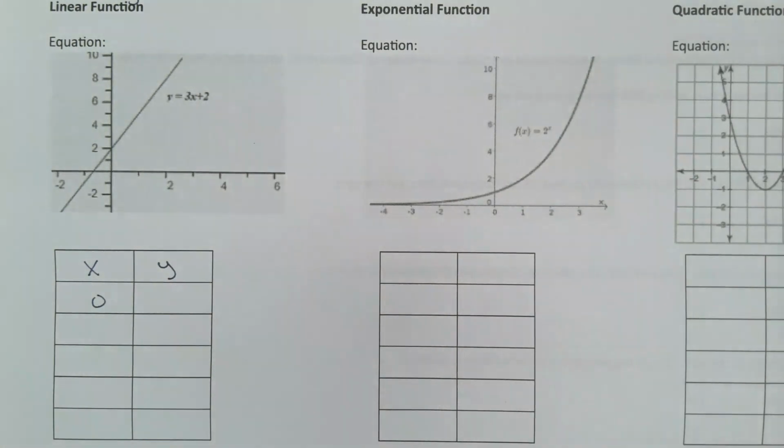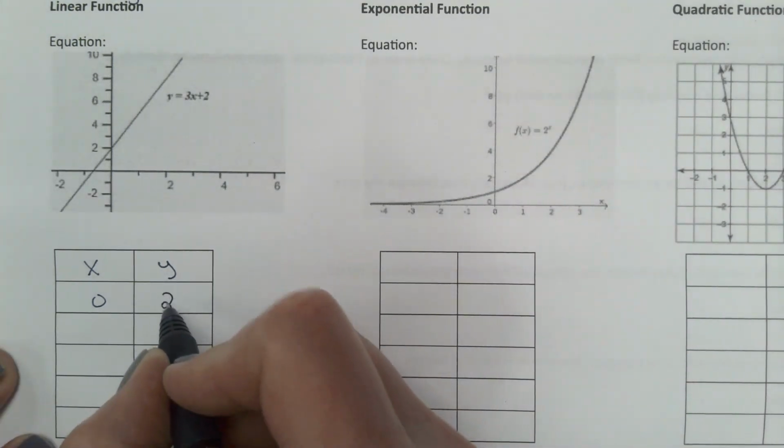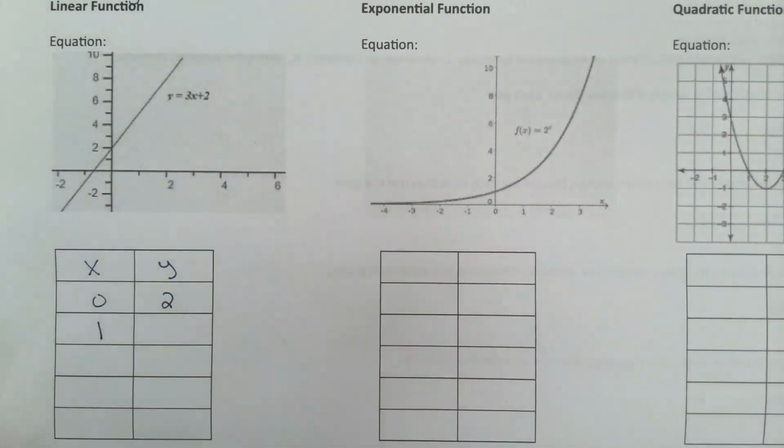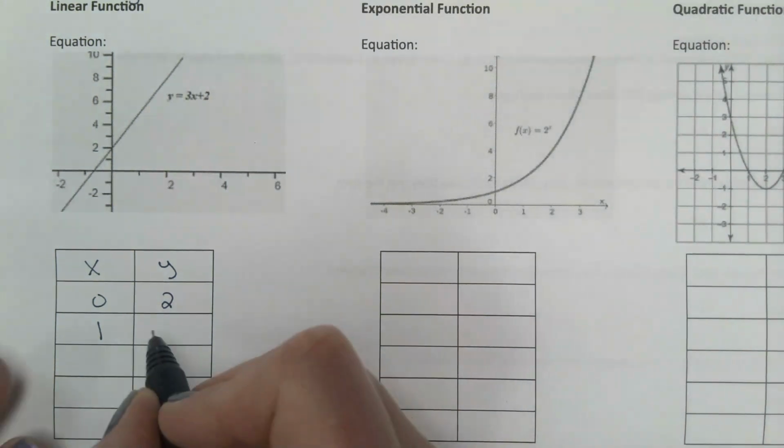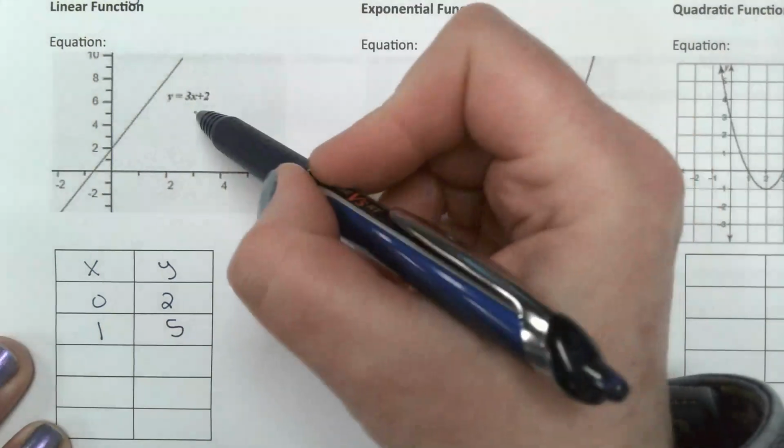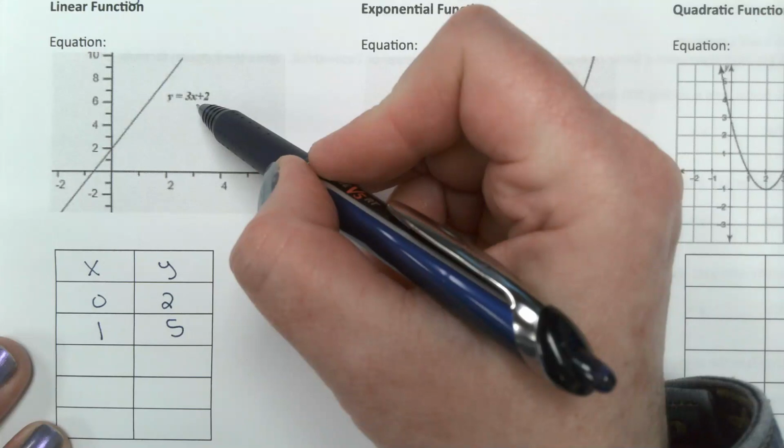All right, so when x is 0, what is the corresponding y value? It is 2, good. When x is 1, what is the y value? 5, good. All right, so you can plug it in right there.